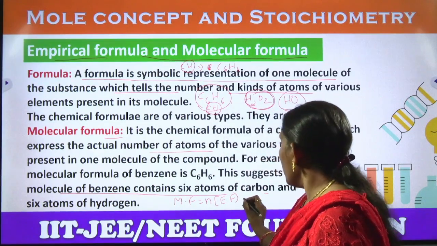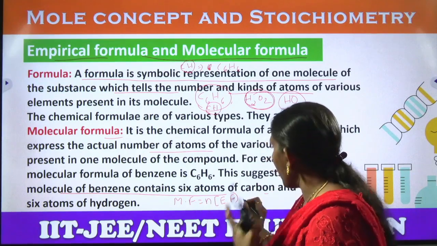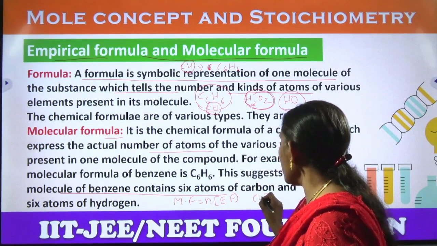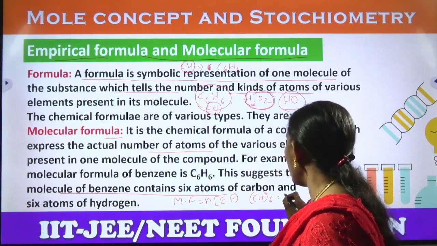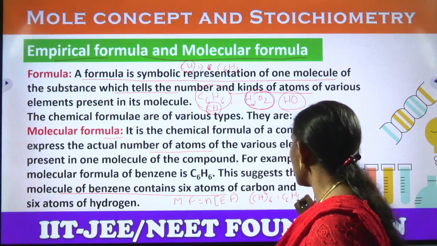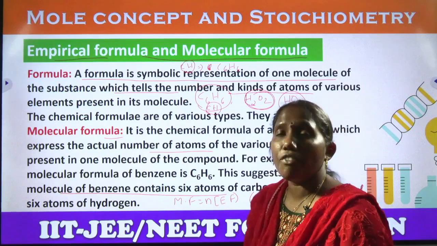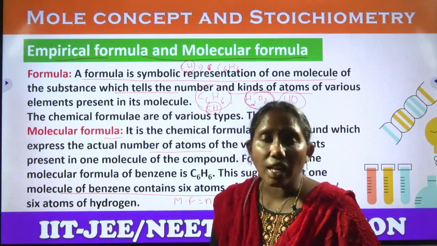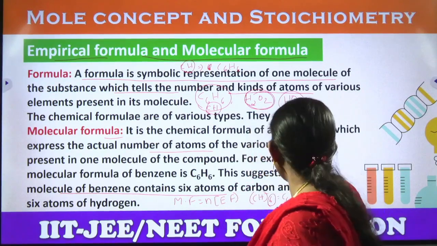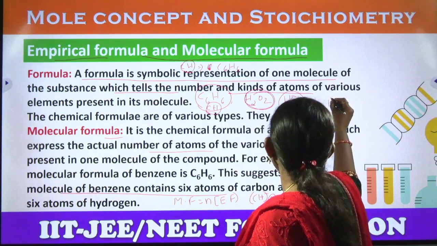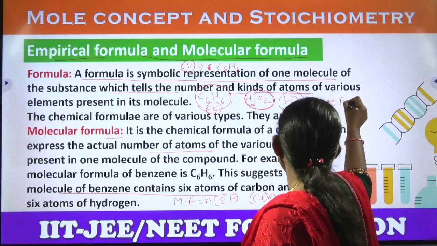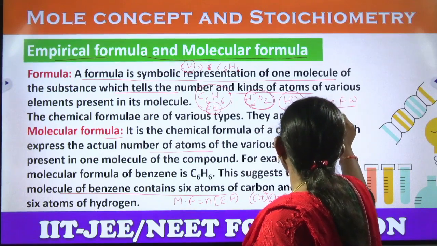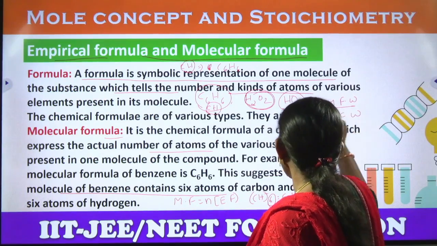Suppose, see here, C6H6 benzene: the empirical formula of benzene is CH. But if you multiply that by the N factor, 6, it gives you C6H6; that 6 is called the N factor. How to calculate that 6? N equals molecular formula weight by empirical formula weight; that gives you the N factor.